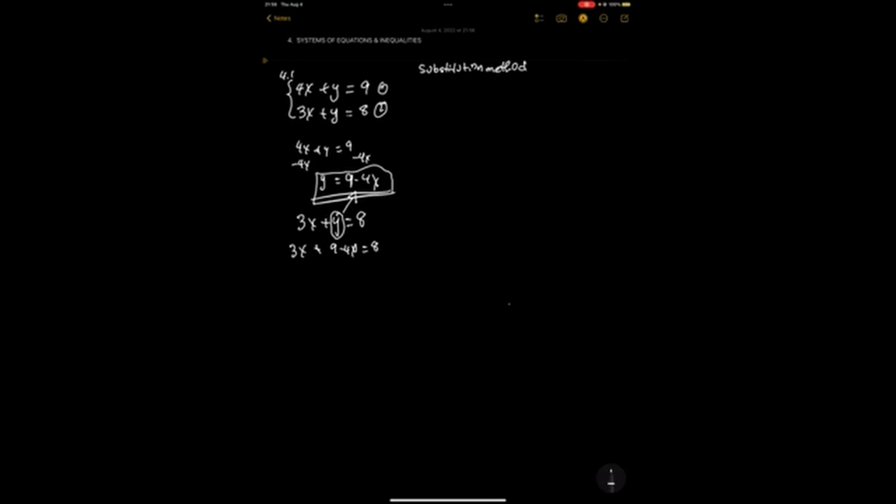So I'm going to subtract 9 on both sides. And 3x minus 4x is equal to negative x, and we have 8 minus 9, which is negative 1. Of course, I'm going to multiply both sides by negative 1 so it can become positive, so I get x equals 1.